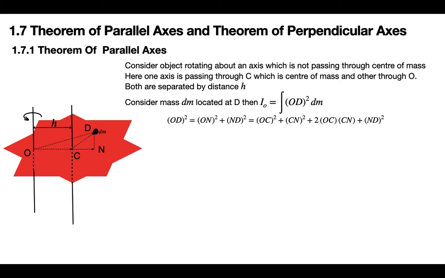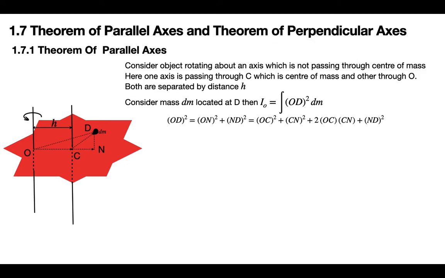Now if you look at OD, it is a right angle triangle. You can very well say OD square is equal to ON square plus ND square. Now ON is nothing but OC plus CN. A plus B whole square is equal to A square plus B square plus twice AB.